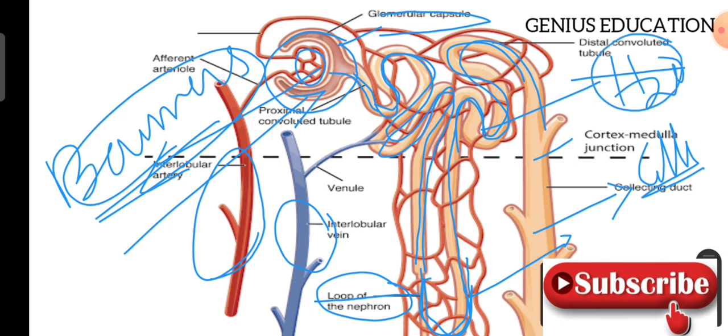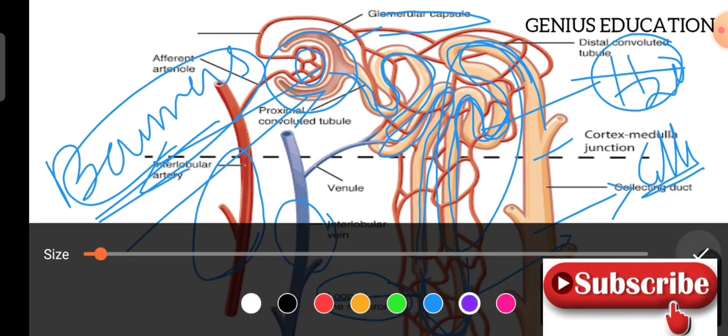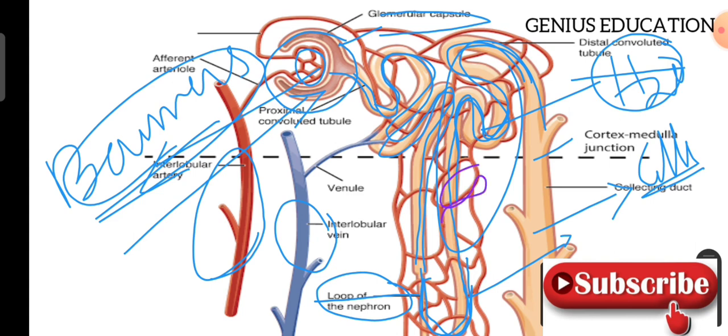Then secretion, which takes place, is a very important process. In this line, from here to here, you will find the process called secretion. Necessary elements, vitamins and minerals are secreted from this line to the blood capillaries, and then go to the body through the blood vessels.